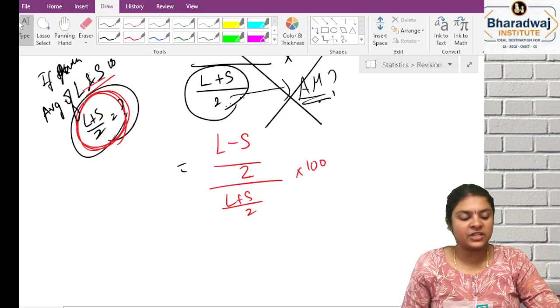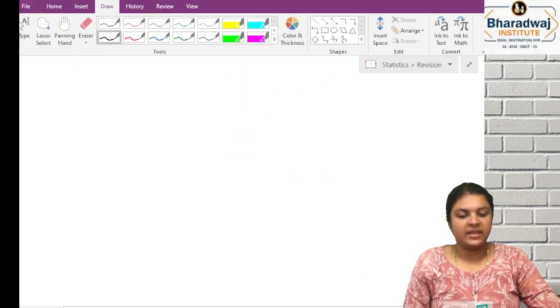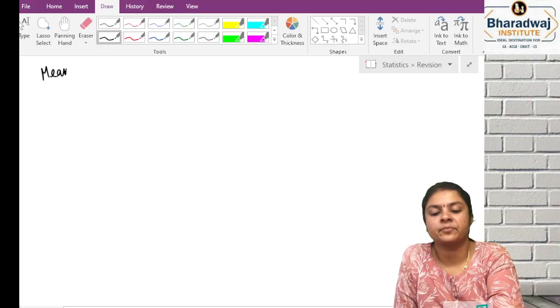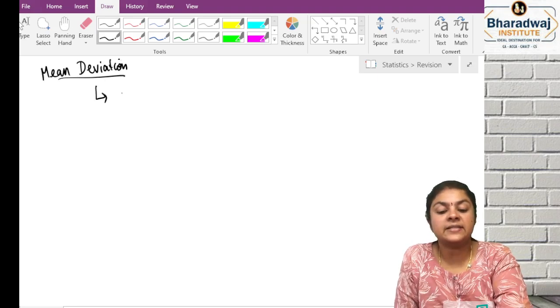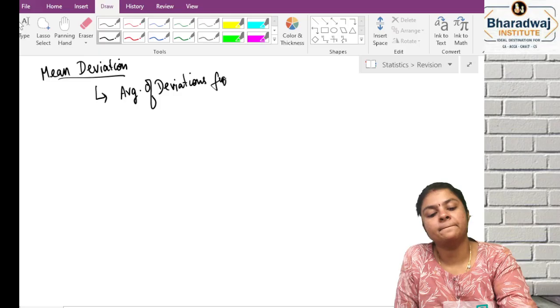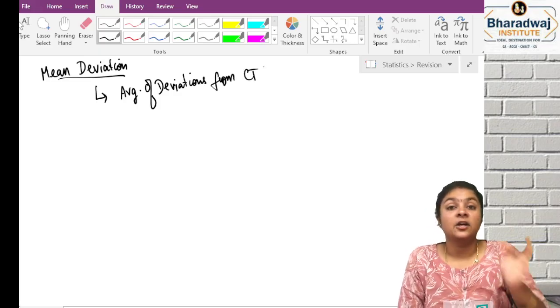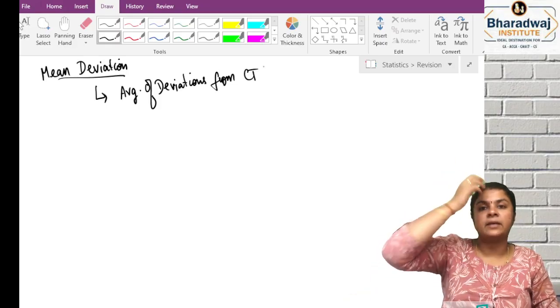Can we go to the second measure? Yes, ma'am. Mean deviation. What is the meaning of mean deviation? It represents the average of deviations from central tendency. But we already learned that the sum of deviations from arithmetic mean is 0.